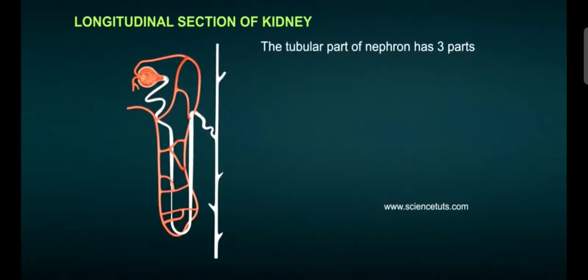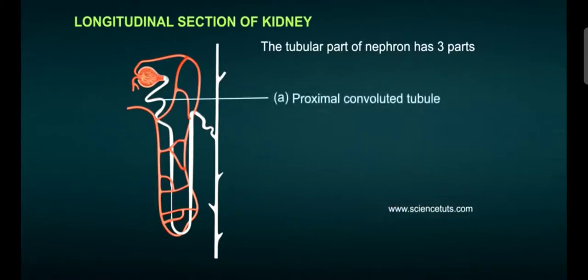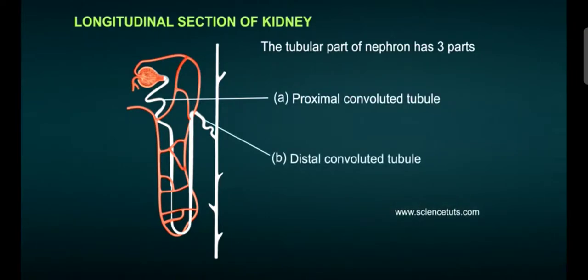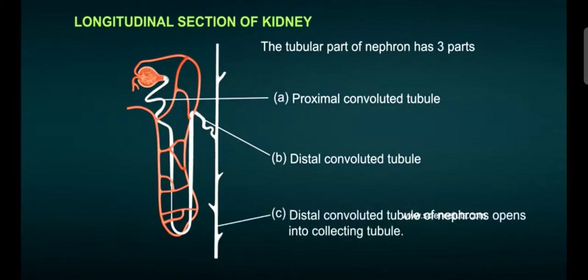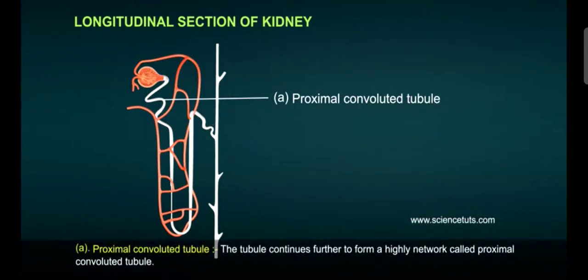The tubular part of the nephron has 3 parts: A. Proximal convoluted tubule, B. Loop of Henle and distal convoluted tubule, C. Collecting duct.